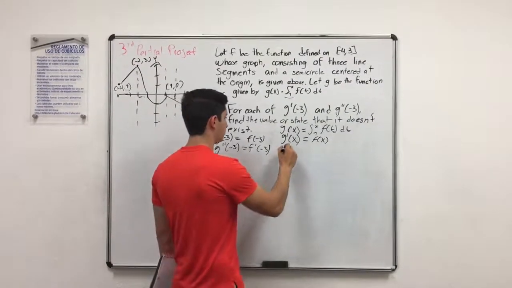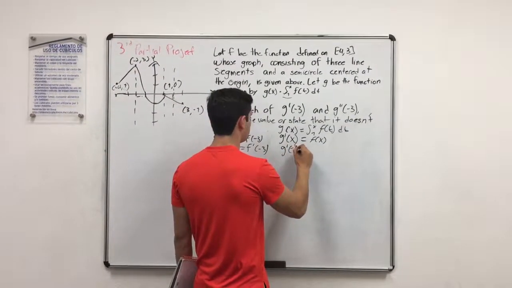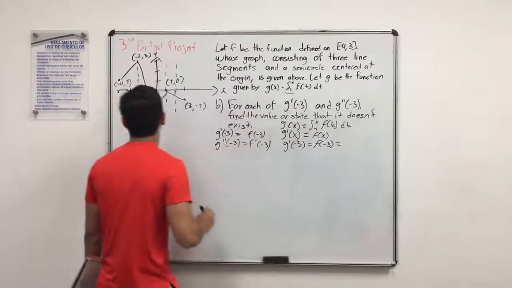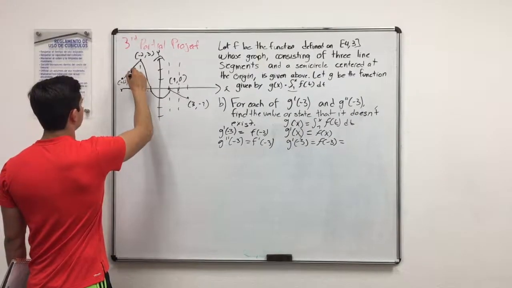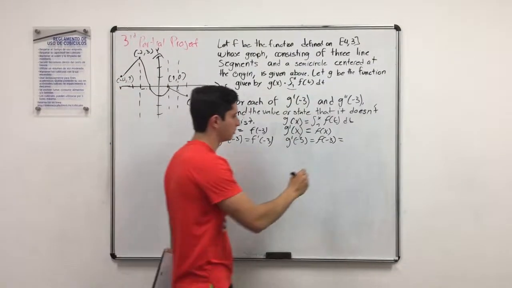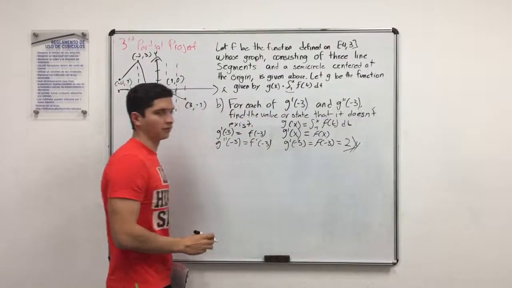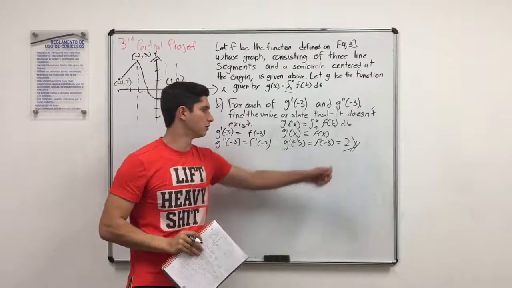And now we just have to substitute: g'(-3) equals f(-3). On the graph, we can see that at -3, y equals 2. So the value of g'(-3) is 2.